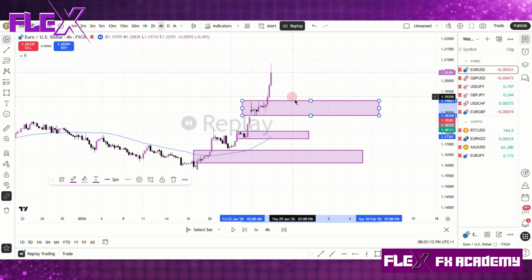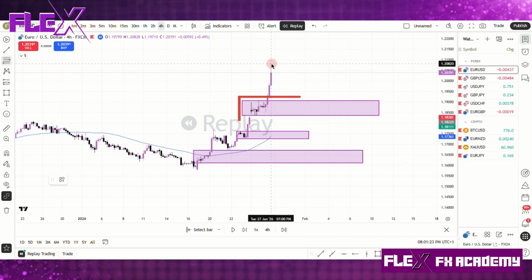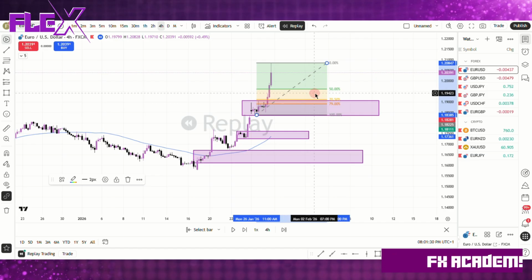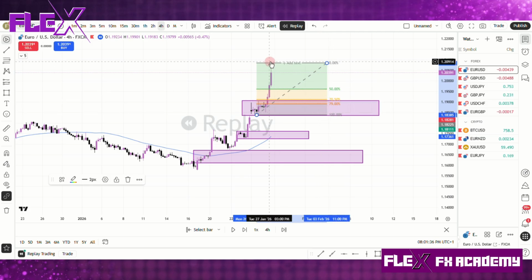However, before that, to be sure that this zone is a very valid zone, what I'll do is take my Fibonacci tool and check if I'm in a discount zone. Okay, I'll take it from the bottom to the top. As you can see, I am below the 50% discount zone. So this zone is a valid zone. So I'm hoping the market comes back in here. Definitely we will be going up for a rally.